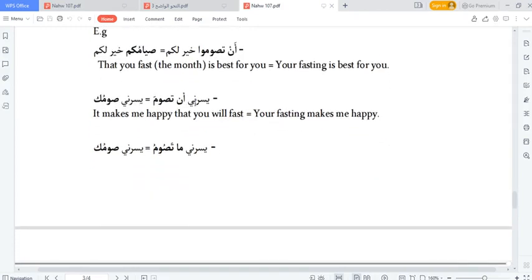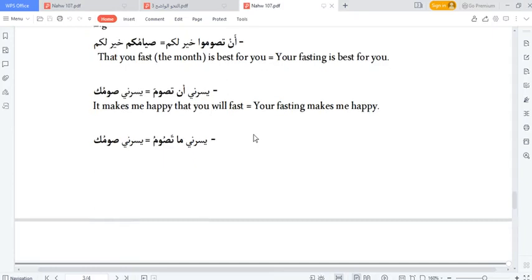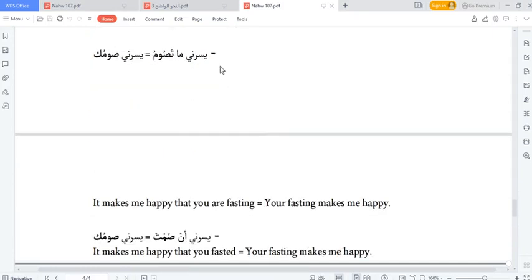So another example, yasuruni an tasuma. It makes me happy that you will fast. Becomes what? Yasuruni sawmuka. Makes me happy. I hope you understand. Now, another one, yasuruni ma tasumu.